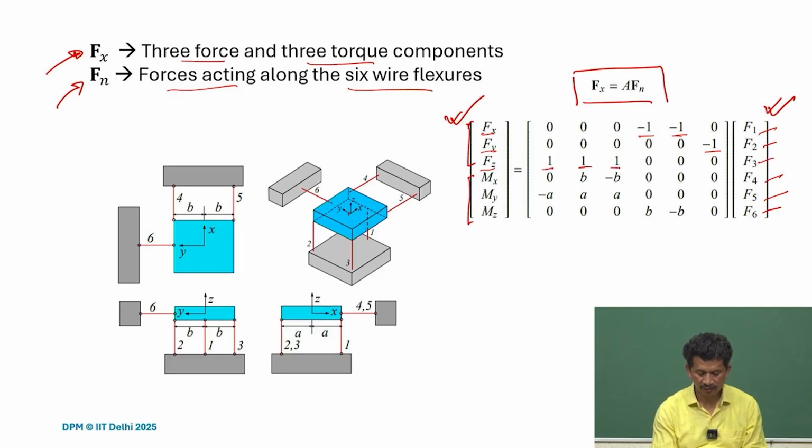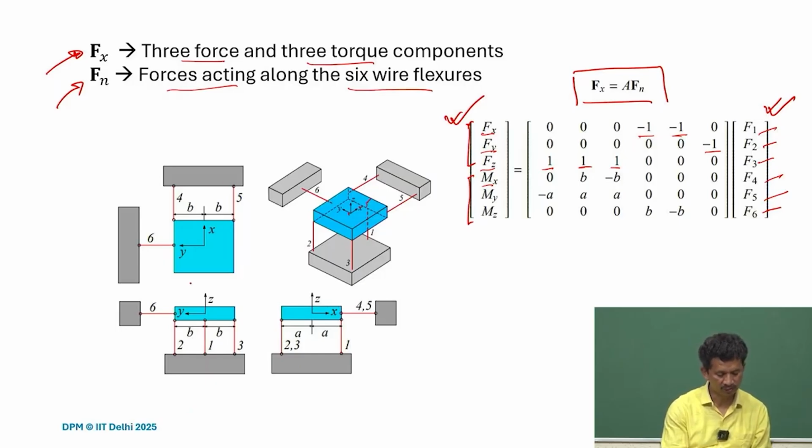For moments, if talking about Mx, so Mx is constrained by the 2 and 3, and also 1 is along that line, so there is no offset with the 1.